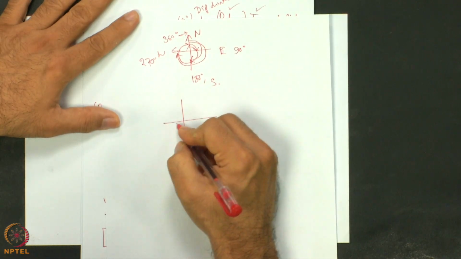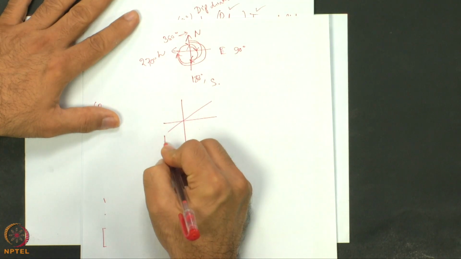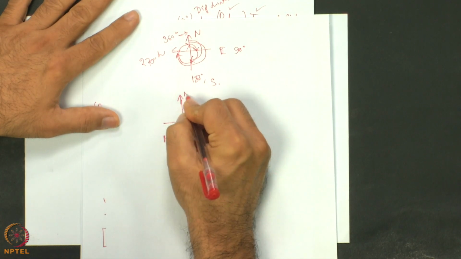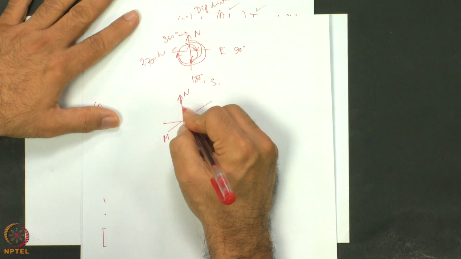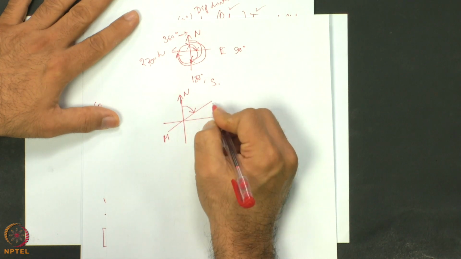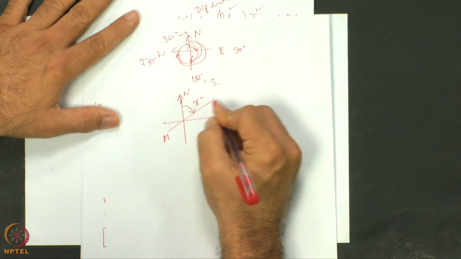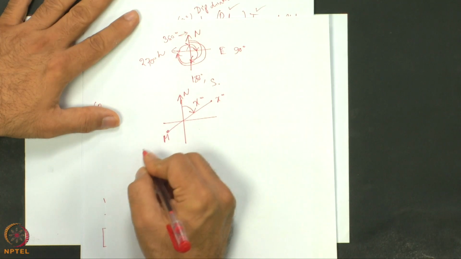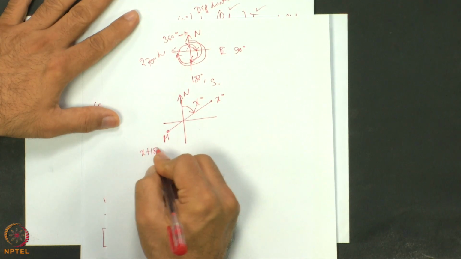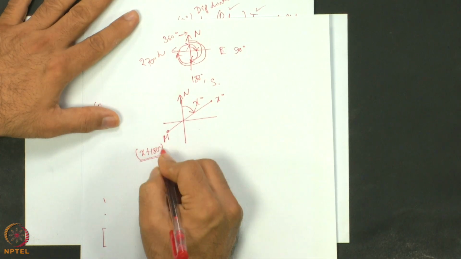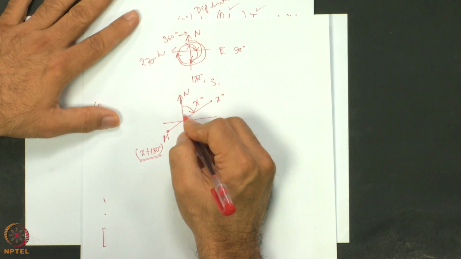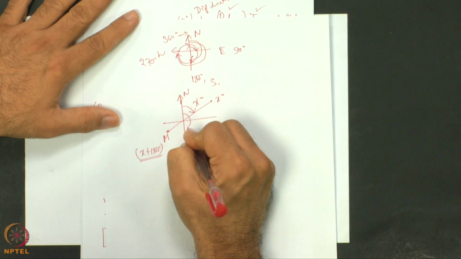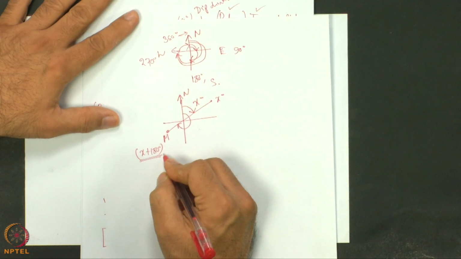Now take any other line, say line M, and this is geographic north. What is the strike? From north move clockwise geographically, and whatever is the angle x degree, this direction is x degree and this direction is x plus 180 degree. X plus 180 degree can be demonstrated in the diagram. From north clockwise, this angle is 180 degree plus x.